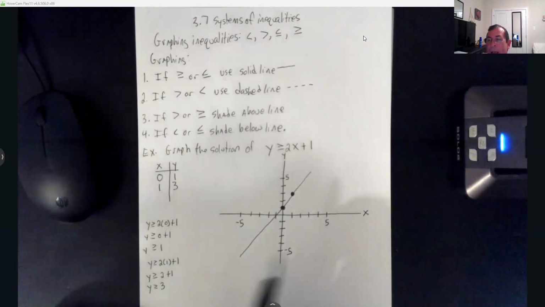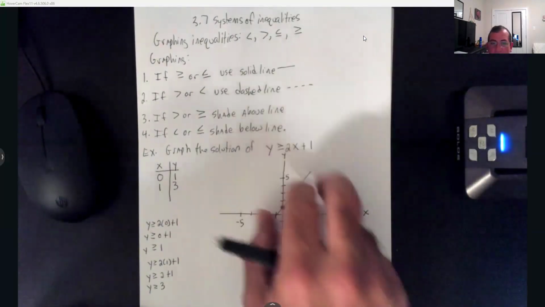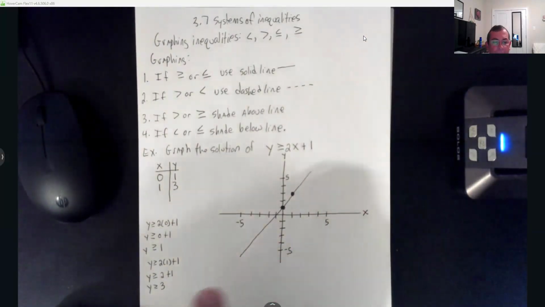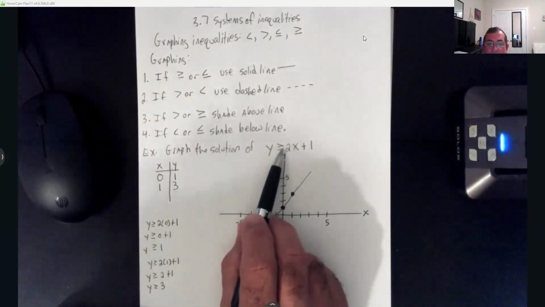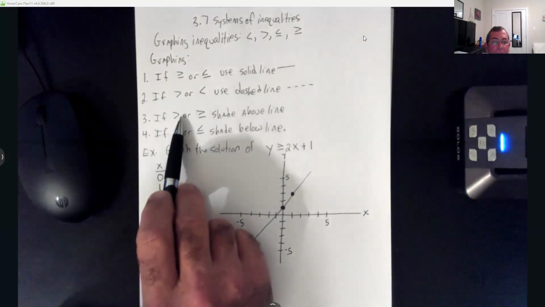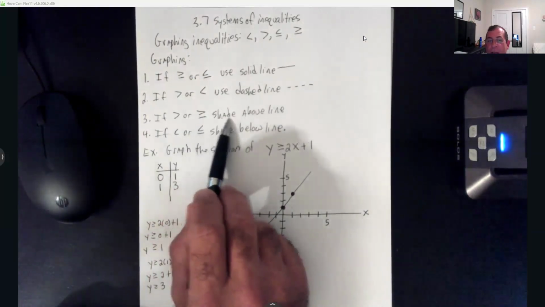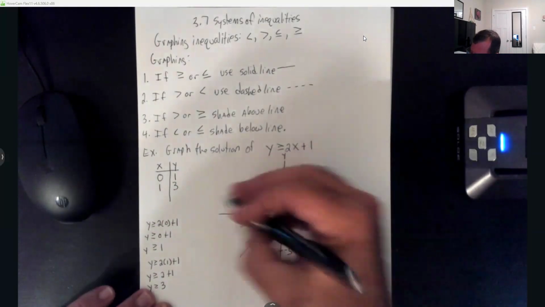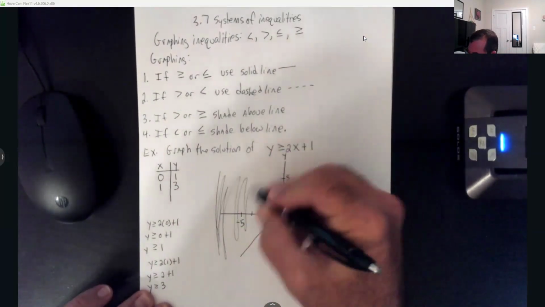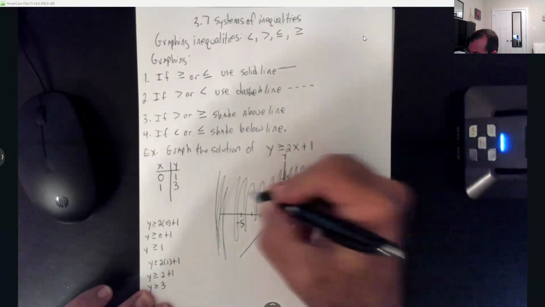Now, we got to figure, do we want to shade this above or below? So notice we got a greater than or equals. So it says right here, if it's greater or greater than or equals, we shade above the line. So you would come in and shade this right above that line there.